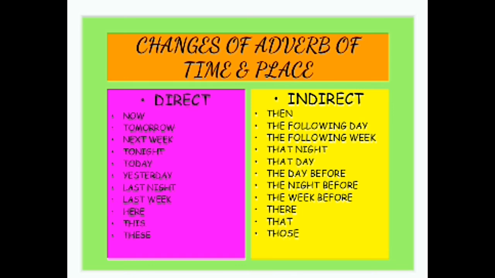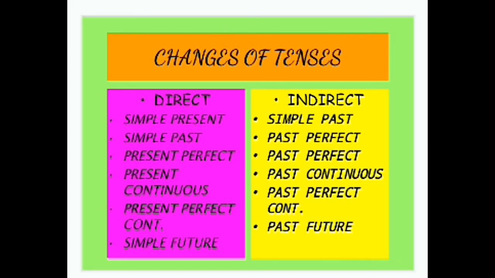So now will change to then, tomorrow to the following day, next week to the following week, tonight to that night, today to that day, yesterday to the day before, last night to the night before, last week to the week before. Here changes to there, this to that, these to those. So these are the words we use in direct speech, and we have to change them in the indirect sentence.